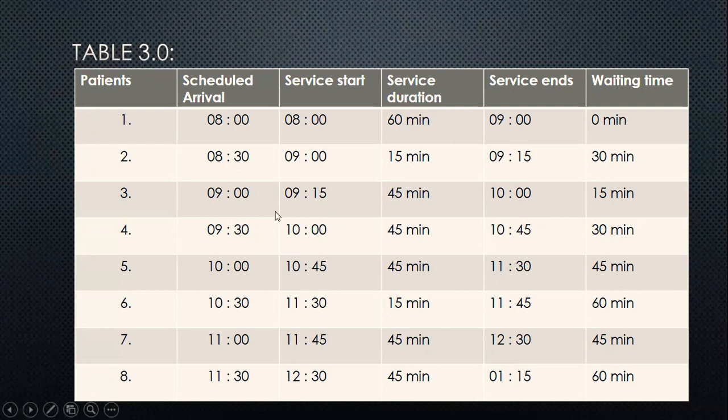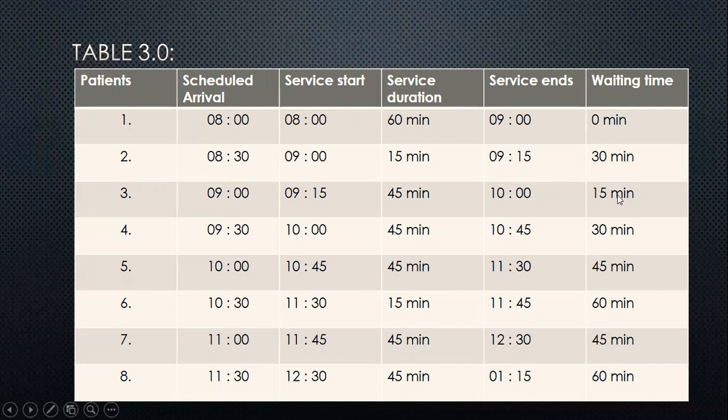Adding 45 minutes to 9:15, it equals 10. How much time does he wait for his service? He comes at 9, and his service starts at 9:15. So he waited for 15 minutes.